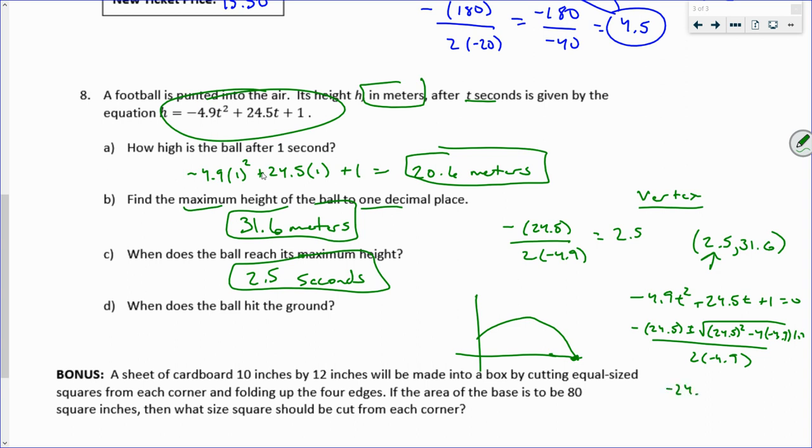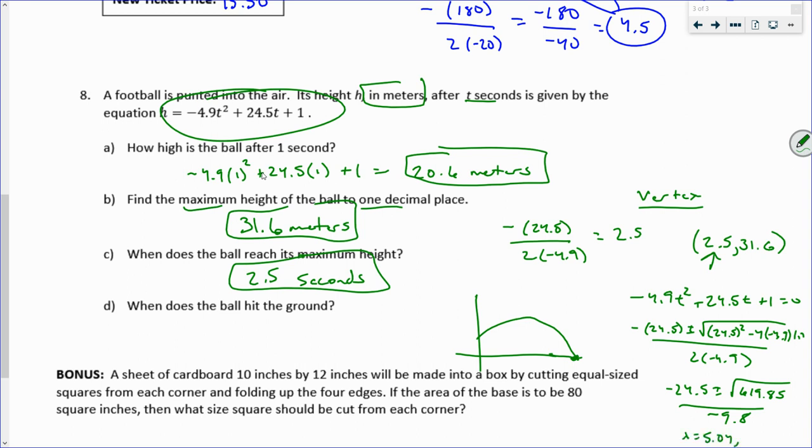Let's see, negative 24.5. Simplify the discriminant. Let's see, negative 24.5 minus the square root of 619.85, divided by 2a, I get x equals 5.04.